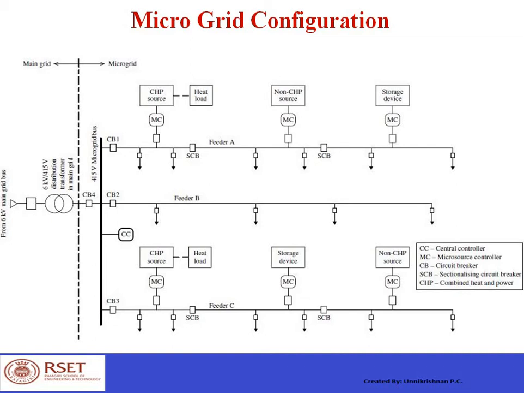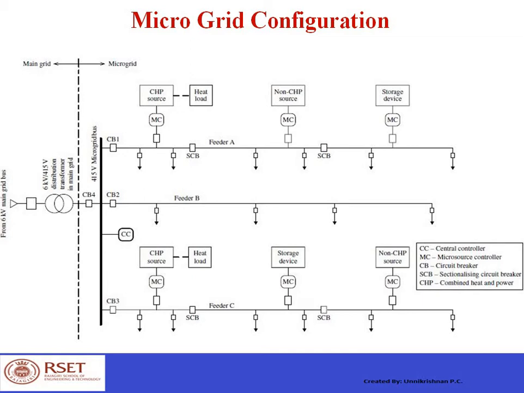So all these three feeders are connected to a common bus, which is called the microgrid bus, and you can see a controller, CC, which is very important, called the central controller, which is responsible to control the entire microgrid.